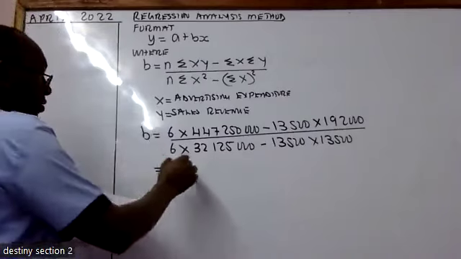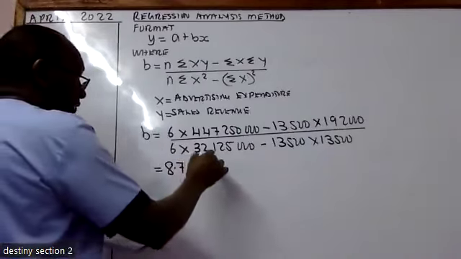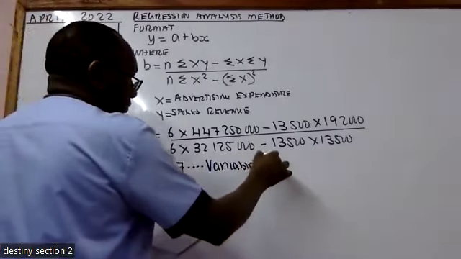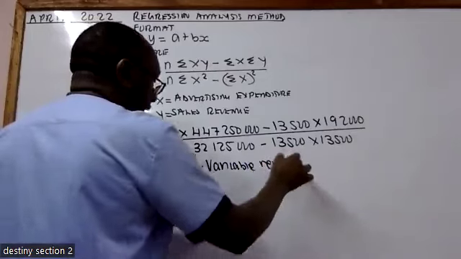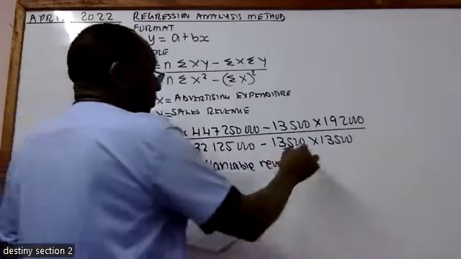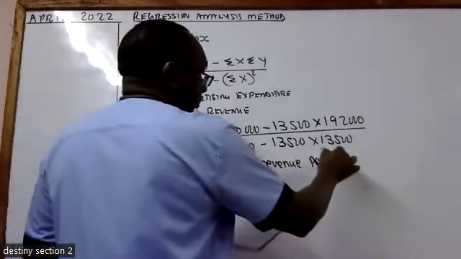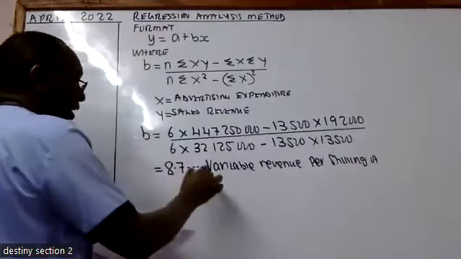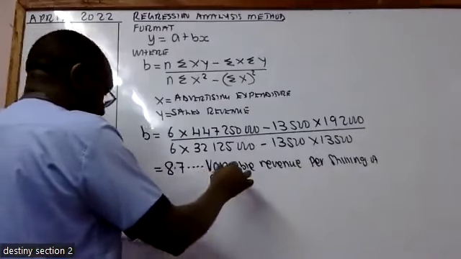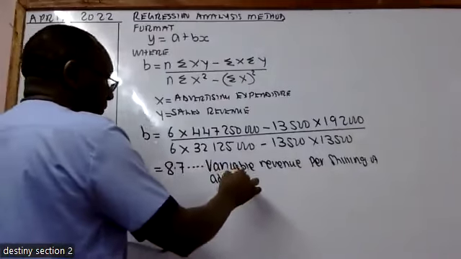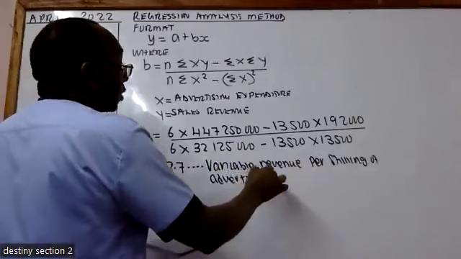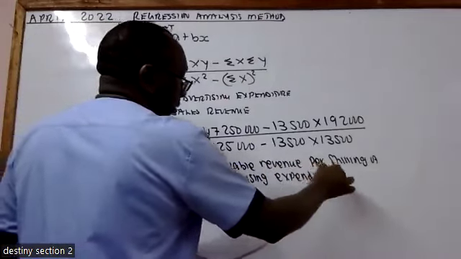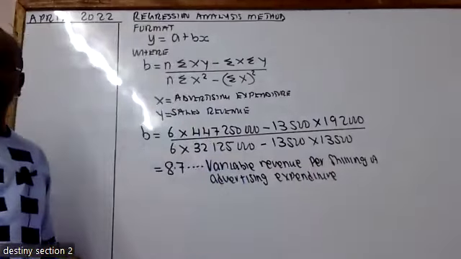So this one is the variable revenue per shilling of advertising expenditure. Yes, that is the variable component.